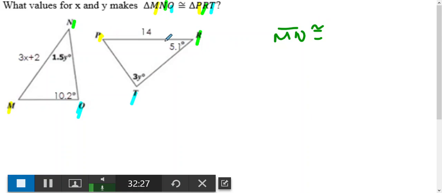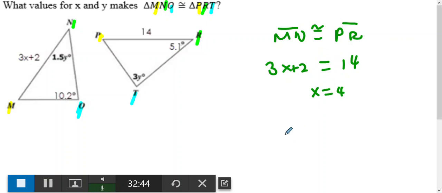Between a yellow and a green, we have PR, and that was 14, and MN was 3x plus 2. So if you solve 3x plus 2 equals 14, you're going to get x is 4. That's part of our answer. What value for x and y is our question, so we have part of our answer.